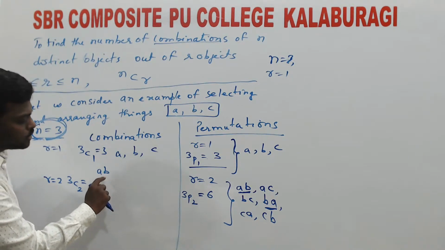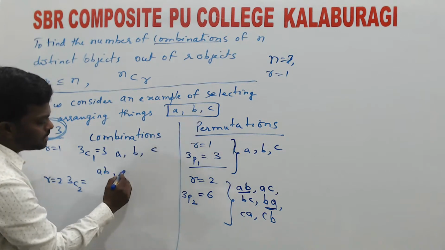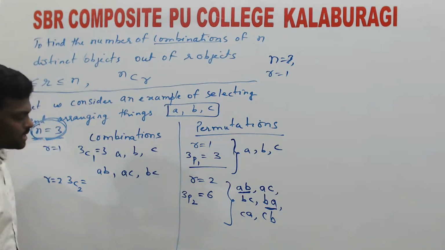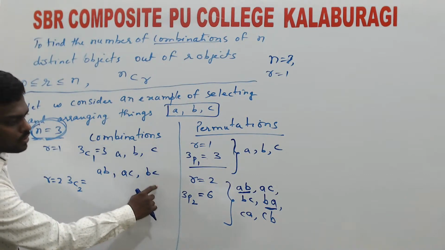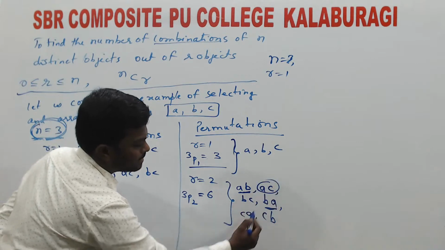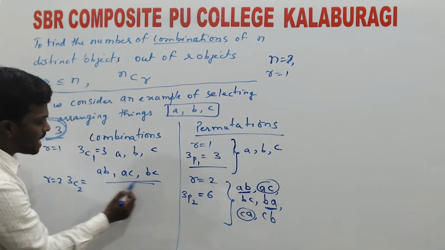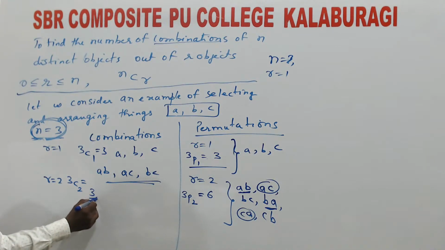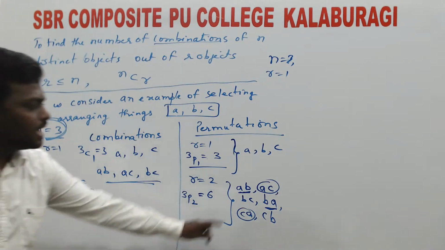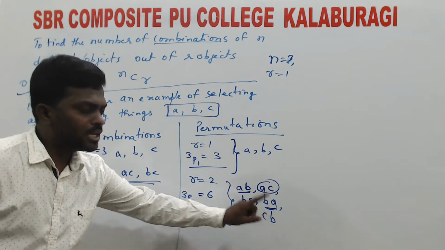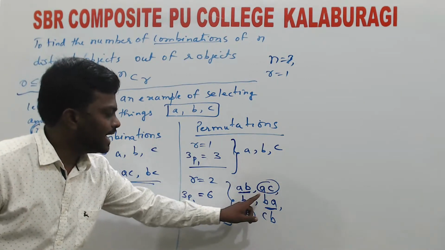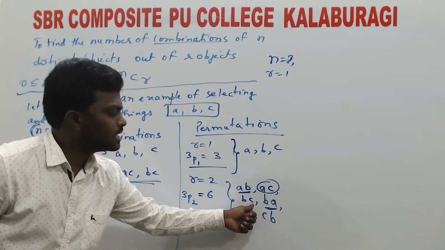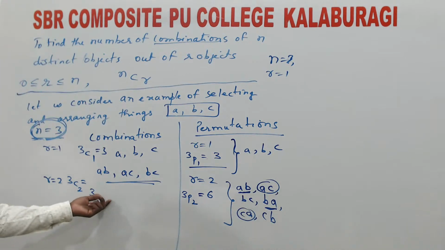So AB, or CA, or BC, see, look here, these and these are all the same. So what is the value of 3C2 here? 3C2 is nothing but 3, because AB is the same as BA, so in combination you pick either one. AC is the same as CA, and BC is the same as CB. So in combination you are getting 3.